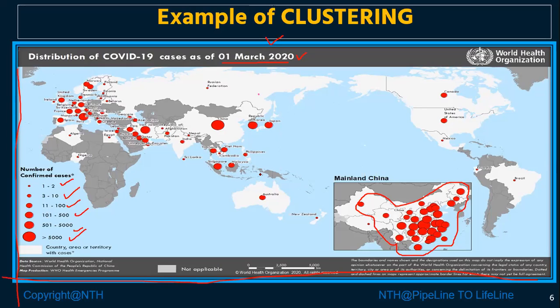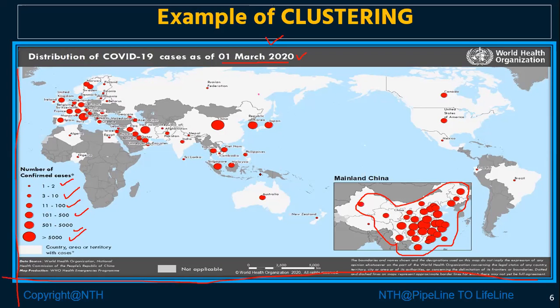In Telangana itself, in Hyderabad, majority of the cantonment areas and a few other areas have been recognized as red alert areas, hotspot areas where the majority of people are suffering. This pictorial clustering happens automatically, not by a human being.